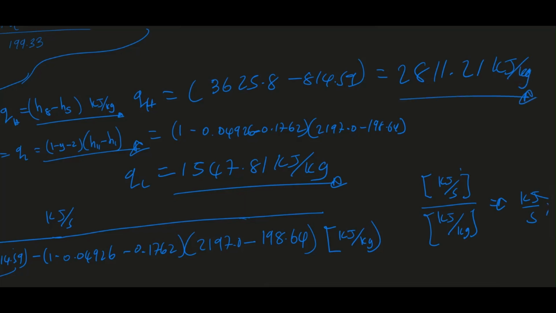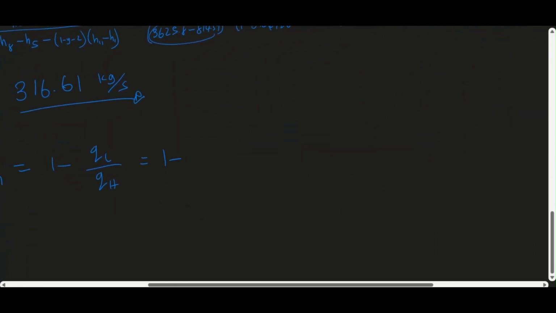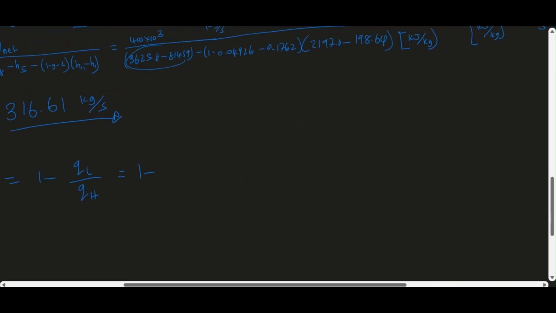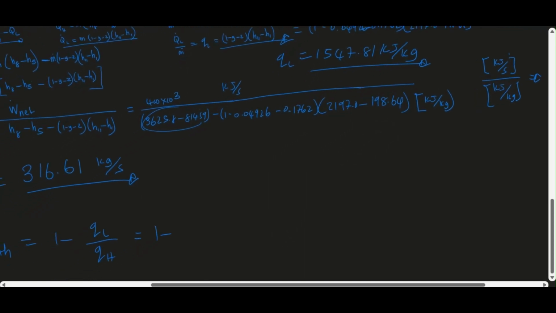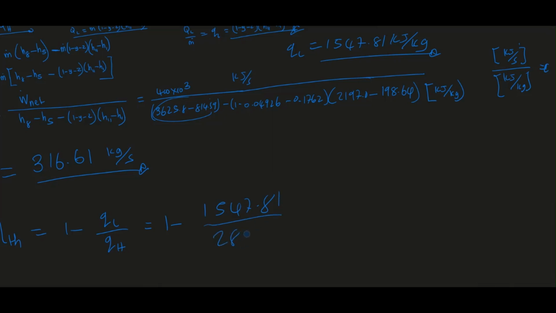Alright, so I've worked out those values. Now all I need to do is substitute those values in here, and then I'm done. 1 minus 1547.8 divided by 2811.21 gives us 0.4494, or 44.9%.